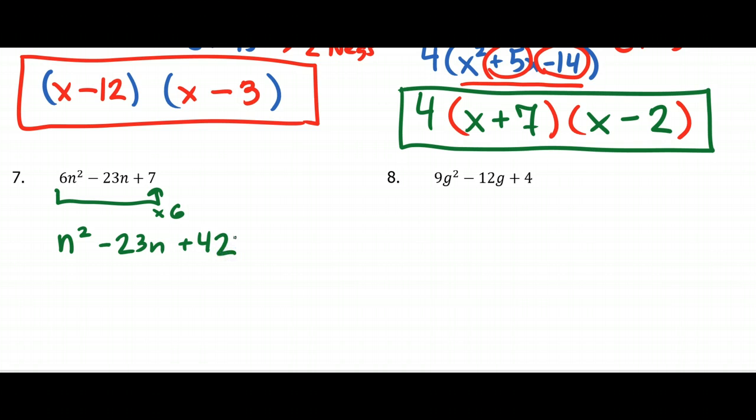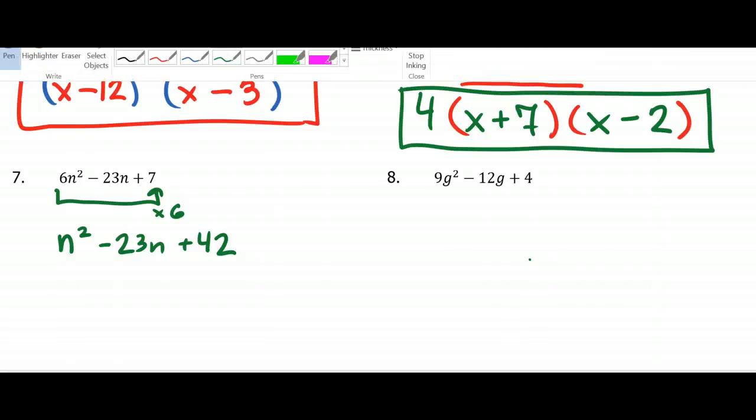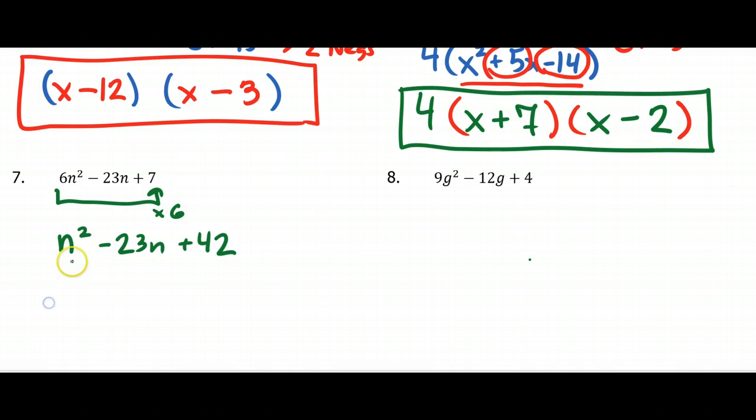And now I'm going to factor this like I did 5 and 6. So this will factor into two binomials. We need to find numbers that multiply to get positive 42, that combine to get negative 23. Okay, so we're multiplying to get a positive, so we need same signs, and we are combining to get a negative, so that means just like number 5, we need two negatives.